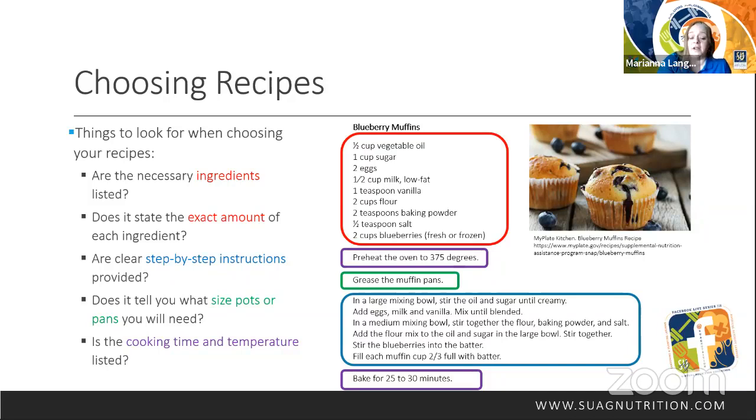The next and last question is the cooking time and temperature listed. If you notice just before the instructions, it says to preheat the oven to 375 degrees. So that's going to let you know what your cooking temperature is. In the last box, it says bake for 25 to 30 minutes. So that's going to give you how much time it's going to take for you to prepare those muffins.